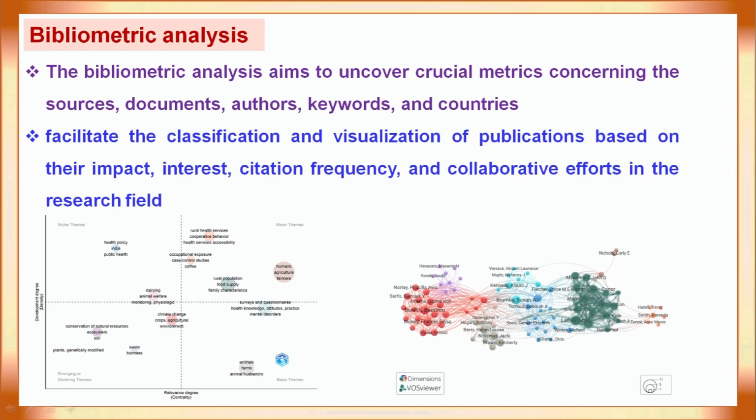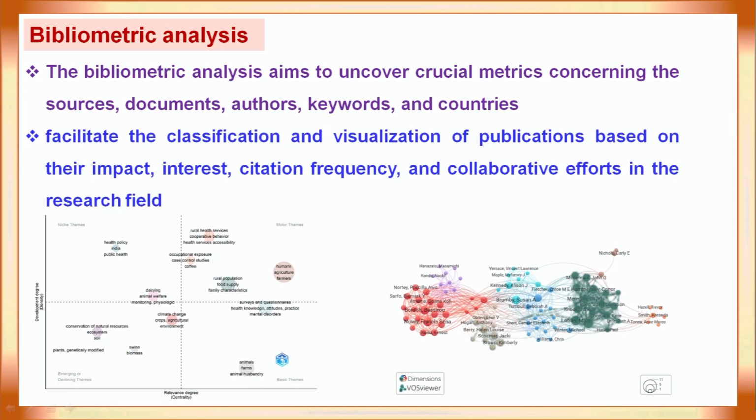Most bibliometric software tools also aid in classification and visualization of publications based on a number of metrics like impact, interest, what the trending topics are, how much citation is going on, what the core areas are, what the niche areas are, and what the evolving or emerging topics are.